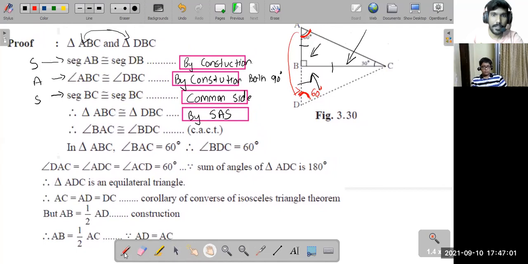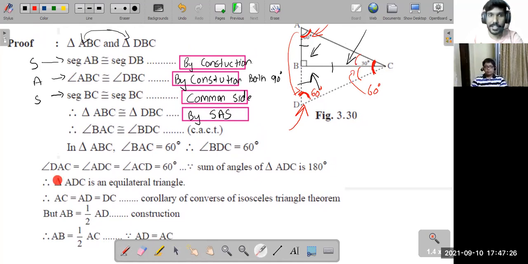Okay. Now, look at this. This is 60, this is 60, and this entire thing will also be 60 because this is 30 and this is 30. 30 plus 30, 60. Do you understand this? Yes, sir.